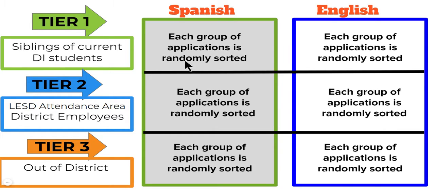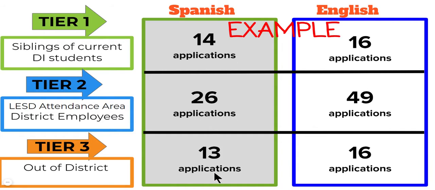Each group is individually randomized to put the students from this group into a random order. It repeats for all groups so that all students within the same language category of the same priority tier have the same opportunity to get in. Let's walk through an example.